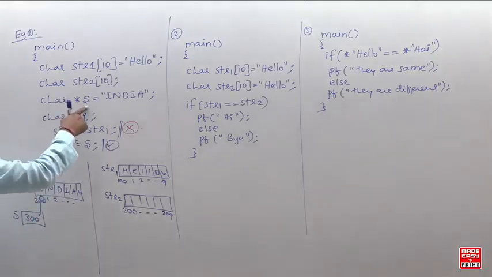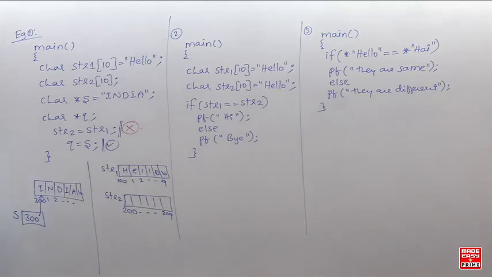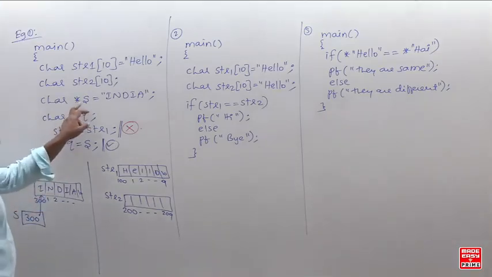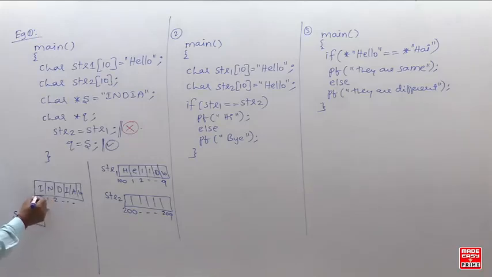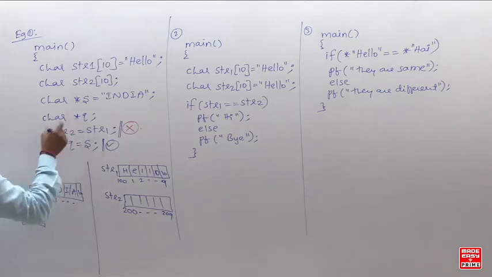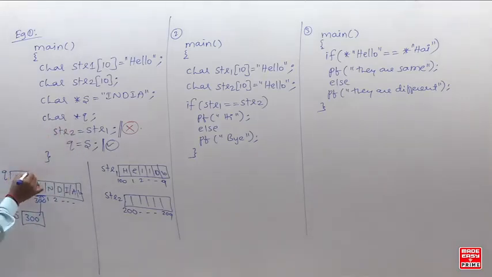S is saying that it can take the address of any character, and we are giving the address of a character. So the address of character I is 300, and we are storing that 300 here. Now q is also saying that I am the pointer variable. I will take the address of any character.